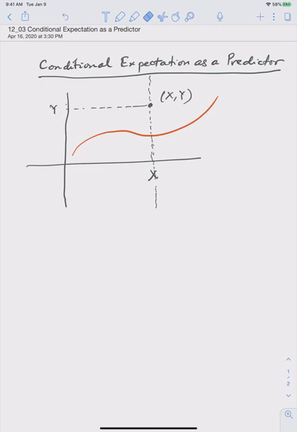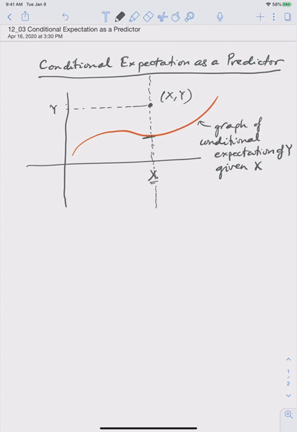So supposing this is the graph of that conditional expectation, then if I tell you that your point is at x, then the y can be anywhere on this vertical strip.